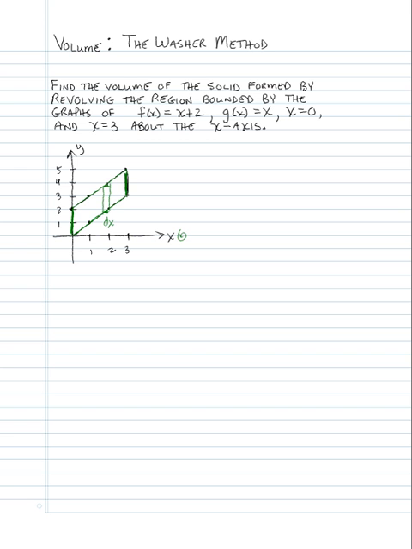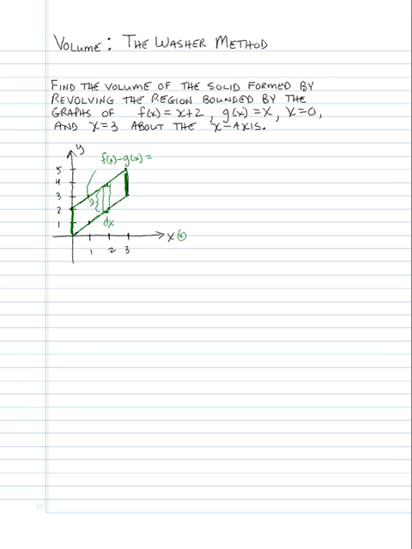Now, we have a little bit of a different issue here, is that if we want to find the height of this rectangle, that's based on the top line and the bottom line. And so this height of this rectangle would be f of x minus g of x, which in this case is always 2 units, isn't it?